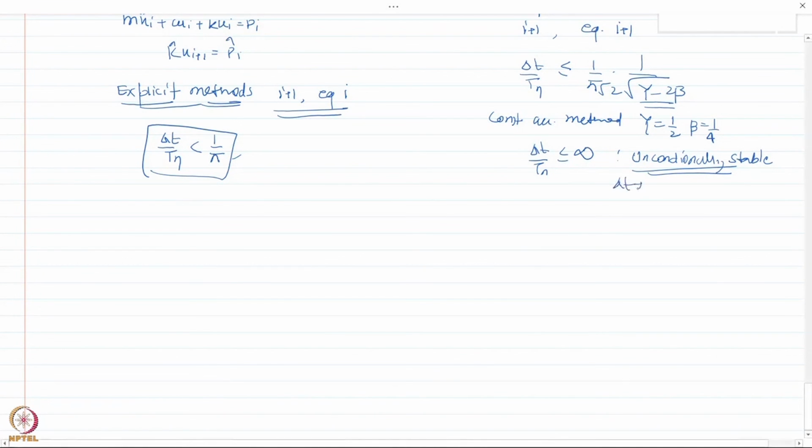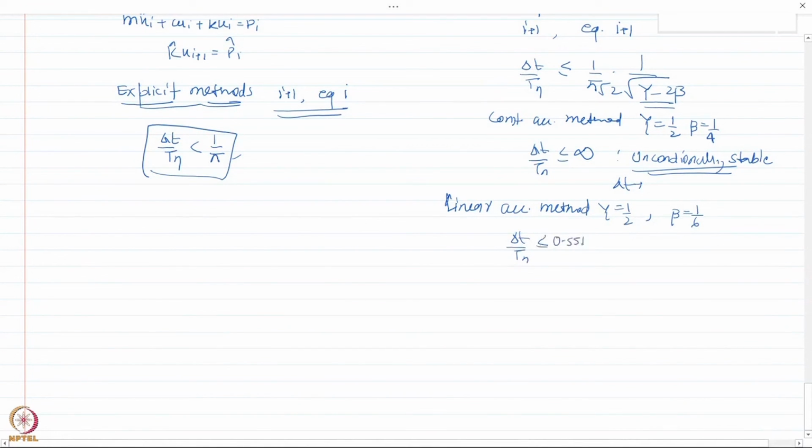Now for the linear acceleration method, as opposed to constant average acceleration method, we can substitute the value of gamma equal to half and beta equal to 1 by 6. So for delta t by Tn, we get this criterion as 0.551.